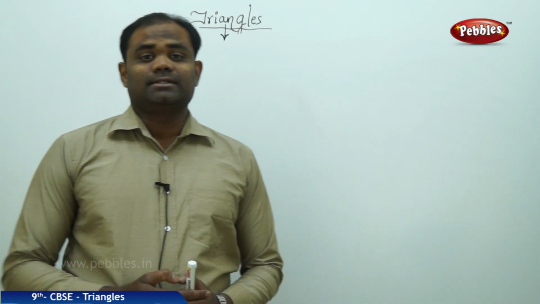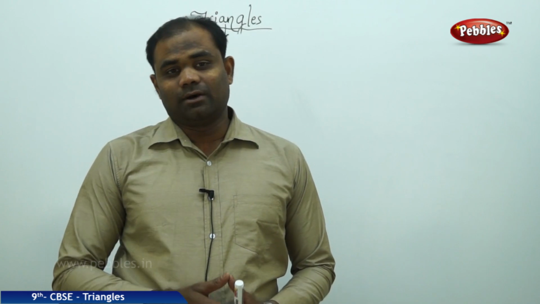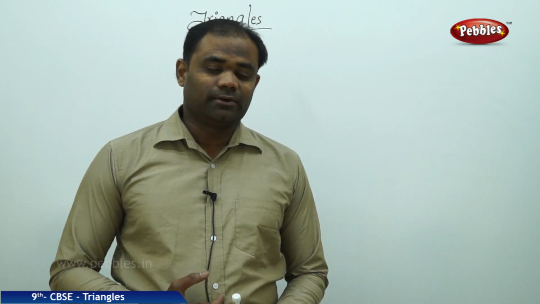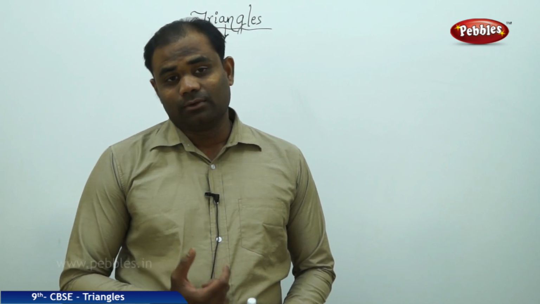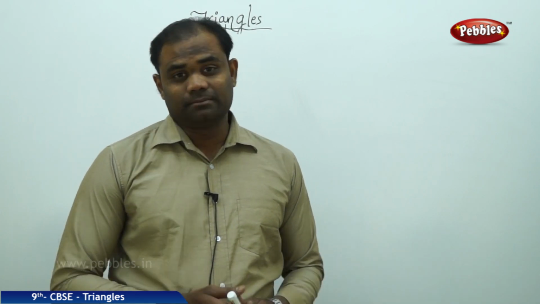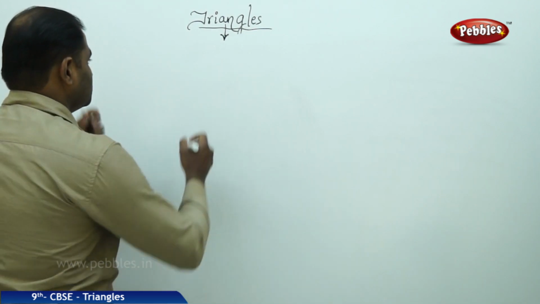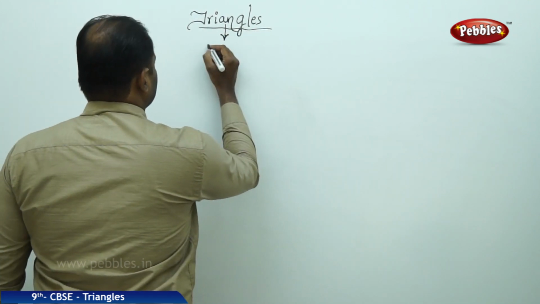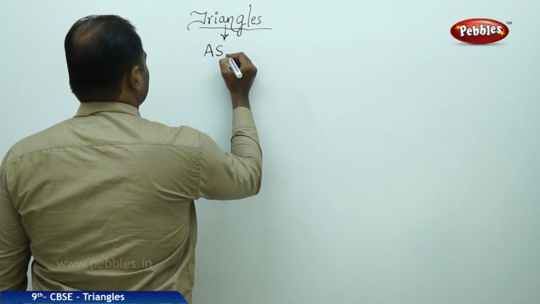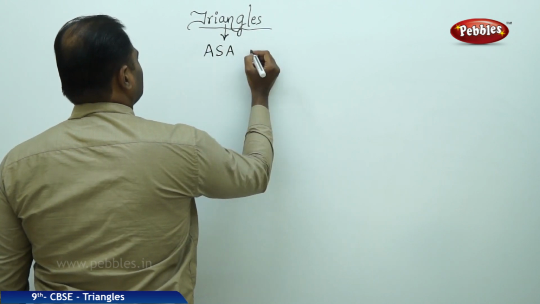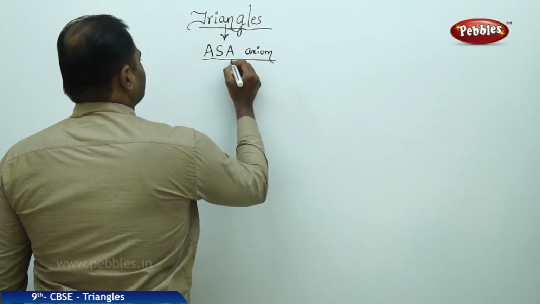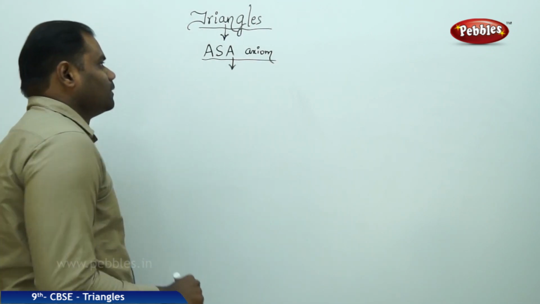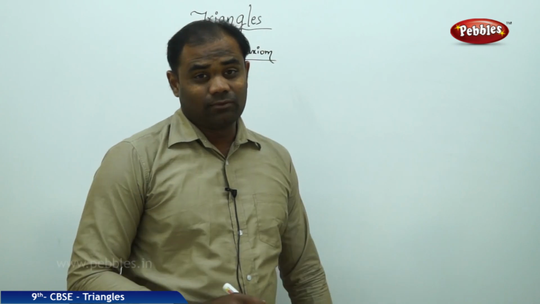Now that we have discussed SAS axiom, let's now discuss the congruency of triangles using the ASA rule or ASA axiom. What does ASA stand for?